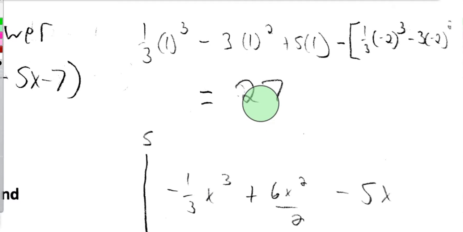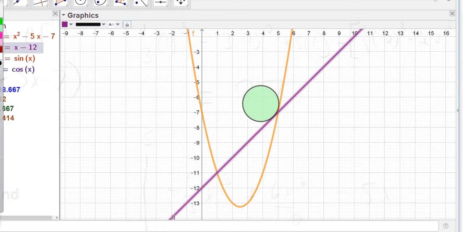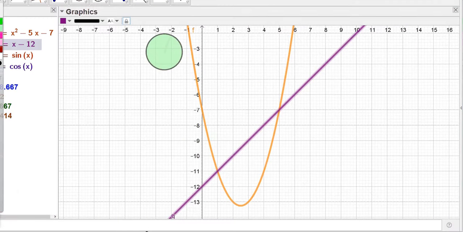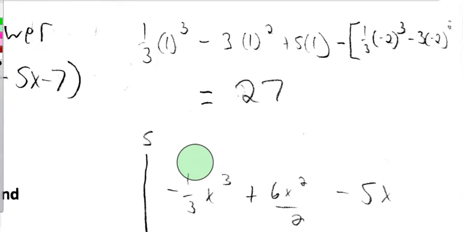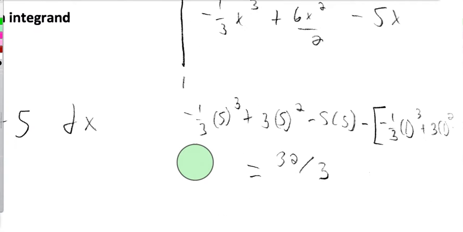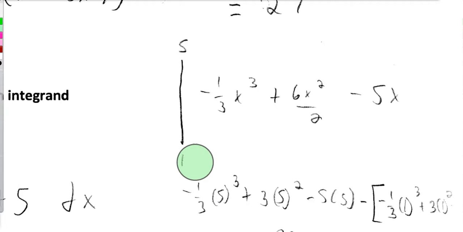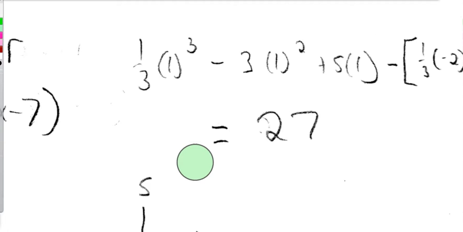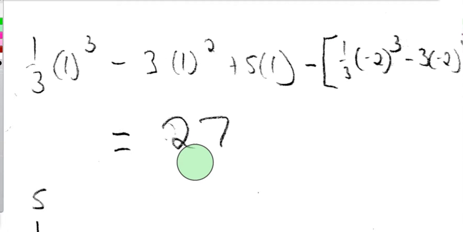Okay, 27, which is very big. But if we go back and look at our graph, there is actually a huge area here from negative 2 to 1 between these two graphs. All right, for my second one, I want to check that real quick to make sure that 27 is right.